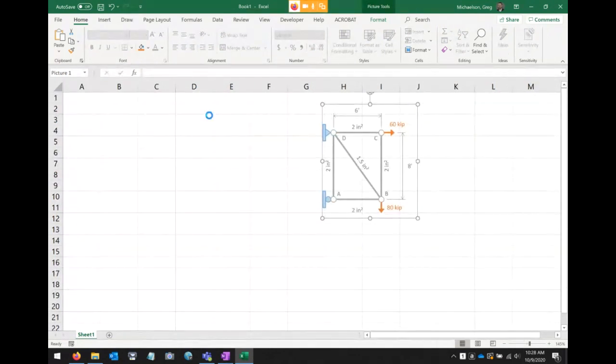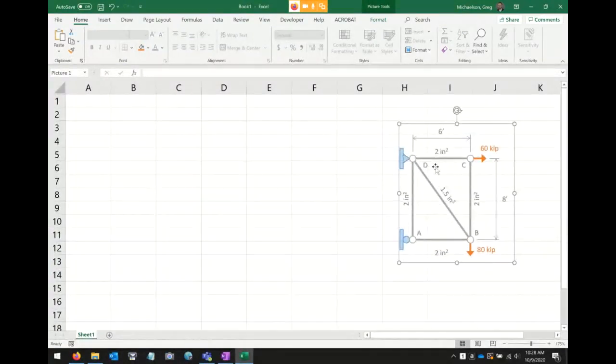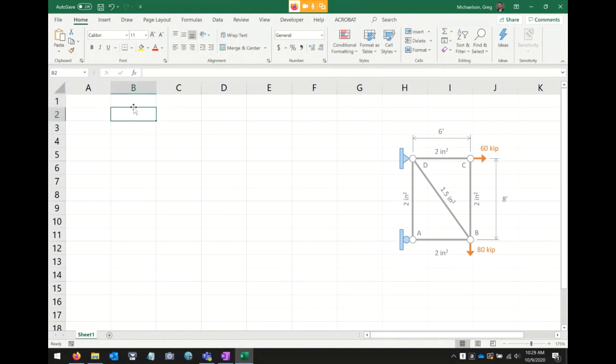All right. Okay, so here's the truss, and I'm doing this just to make some of the calculations that we do later a little bit more straightforward. We're going to have our member, and let's write out how many members we've got: member AB, member AD, member BC, member BD, and member CD.